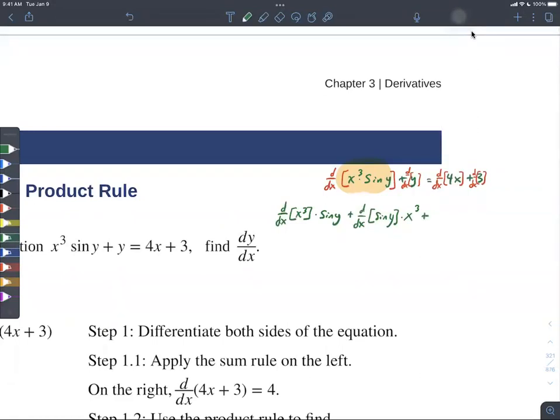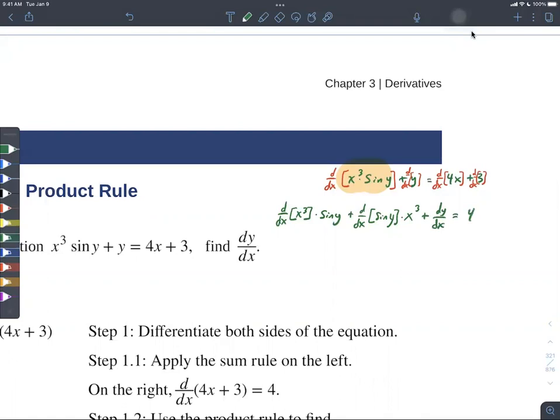Plus, now the derivative of y with respect to x, we can just leave that as dy/dx. On the other side of the equal sign, the derivative of 4x with respect to x is just 4, and the derivative of the constant 3 is 0.